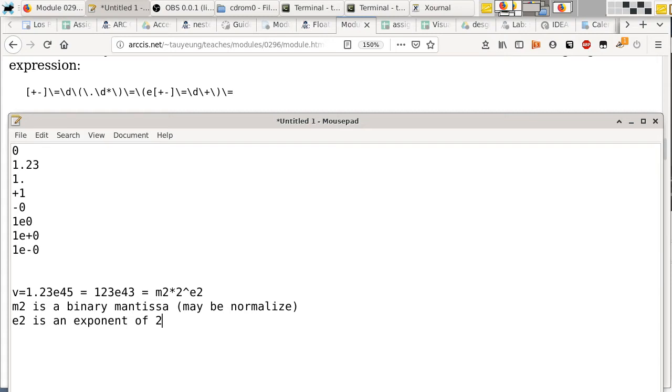How do we get rid of 10 to the power of 43 in this case and somehow turn it into an exponent in base 2, and adjust the mantissa so that 123 times 10 to the power of 43 has exactly the same value, or really close, as some mantissa in base 2 times 2 to the power of some other power?